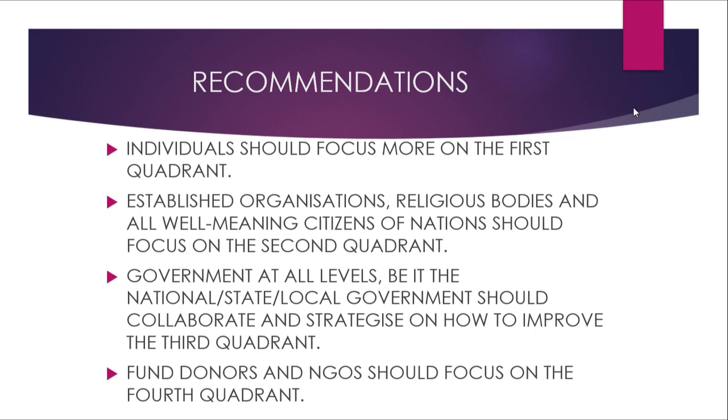Put money there and see if they will not work. Fund donors, NGOs should focus on the fourth quadrant. That means small-scale researchers, small-scale extension givers. Fund donors should focus on them. If indeed all of us in the world actually want the world to be food secured, fund donors should do what? Should empower them.